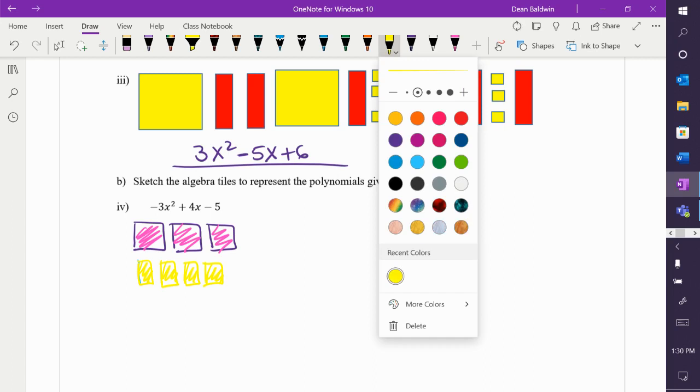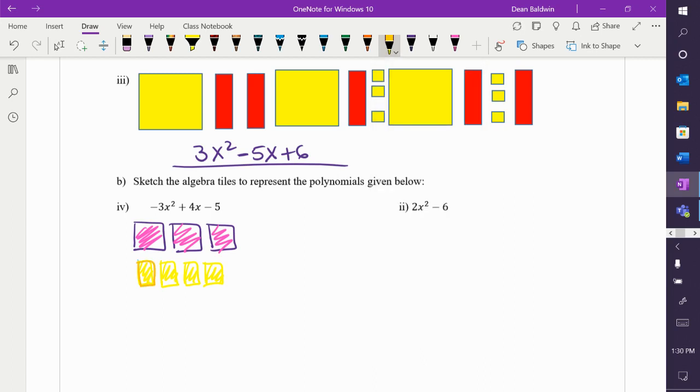Use gold. Use orange. There we go. Orange is better. And then I have 5 negative little squares. Those are rectangles. There we go.